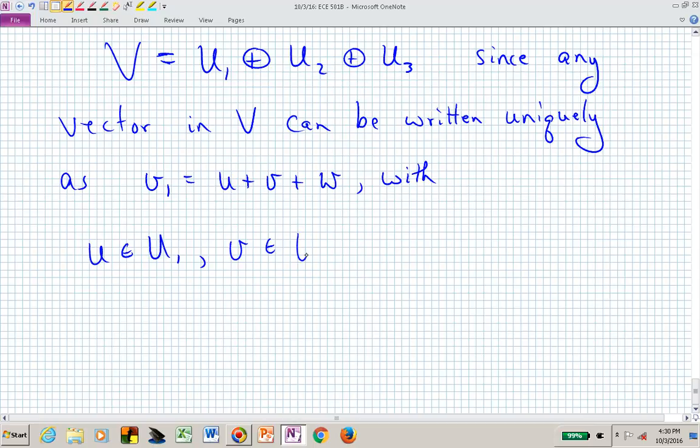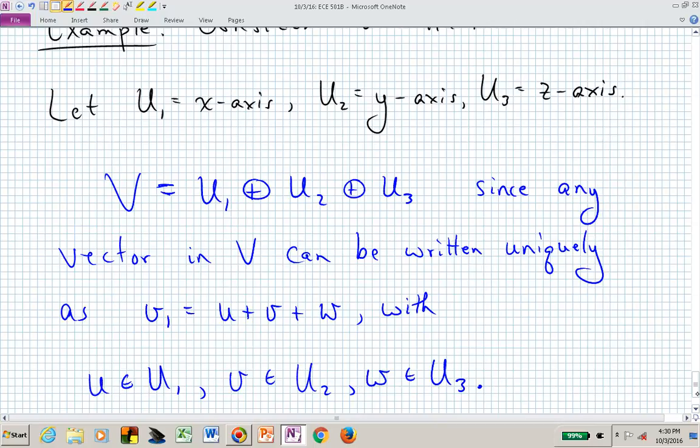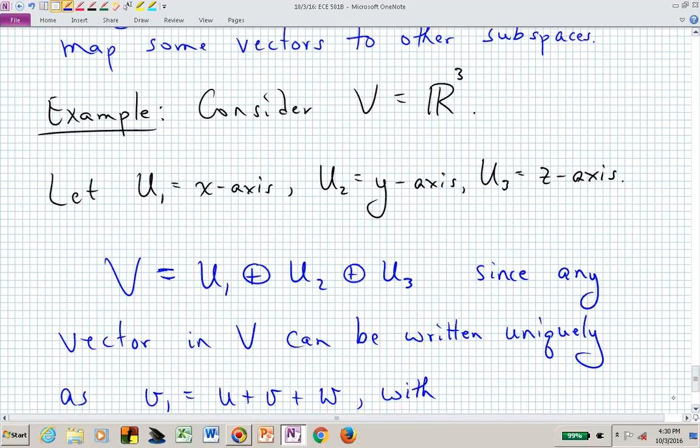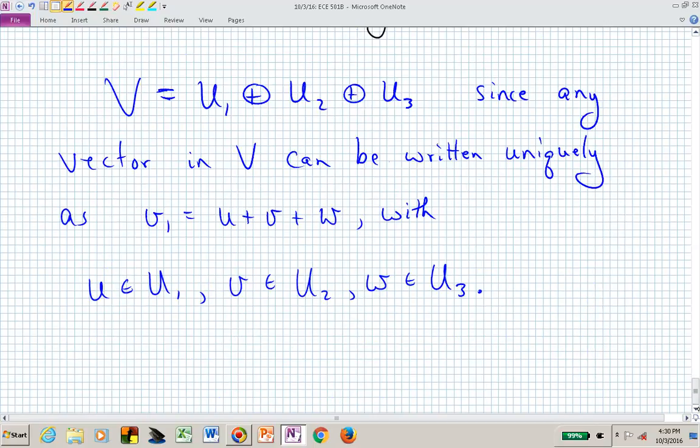V is the component in the y direction, and W is the component in the z direction. So we now have our vector space V, and we've decomposed it into x, y, and z, the standard subspaces associated with R3.